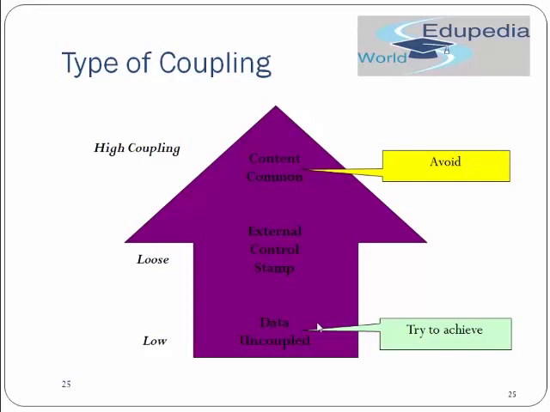So in this diagram we are seeing high coupling. High coupling is when we are having common content, so we should avoid common content. Say we need to write something, and we have written it in a way that it is used in a number of places. But tomorrow if the requirement comes to change it in 5 of those places, then our coupling is high, because we have written a single piece of code that is used by 10 places.